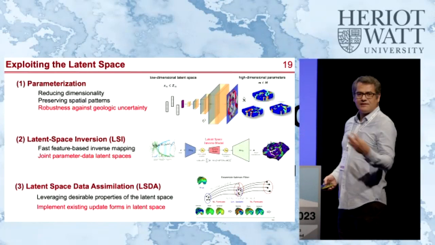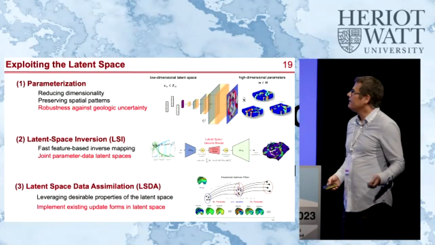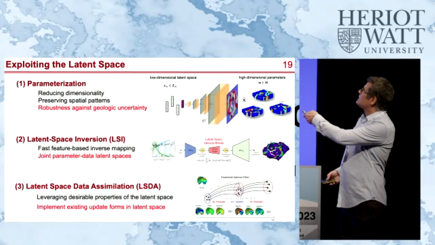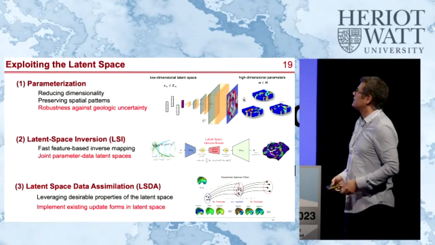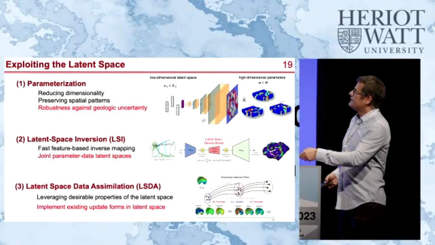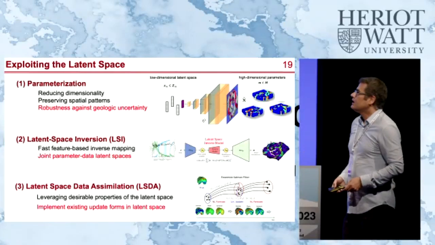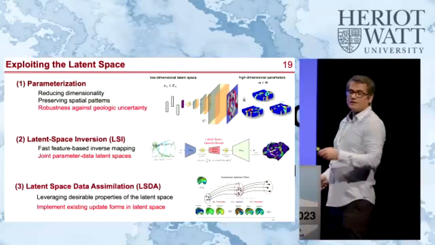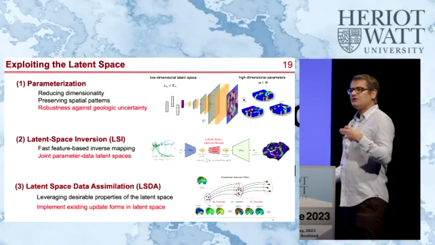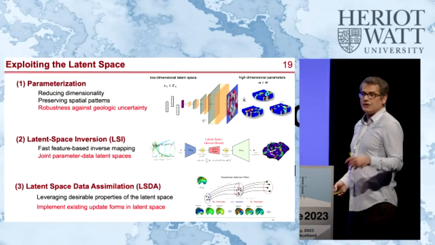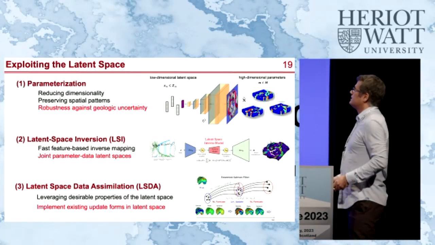The first one is a very simple parameterization, which is traditionally done, except that we take advantage of the decoder of these architectures to do dimensionality reduction. The second one is what we call latent space inversion, where we bring the data also into the latent space, and we do the inversion within a joint latent representation of both data and the parameters.